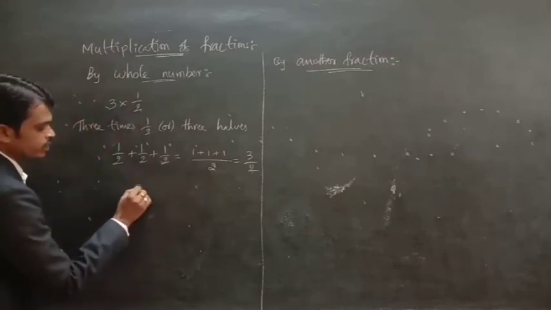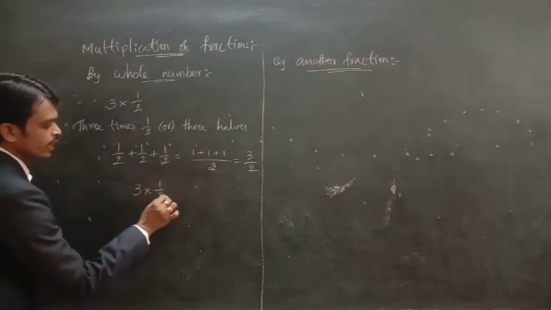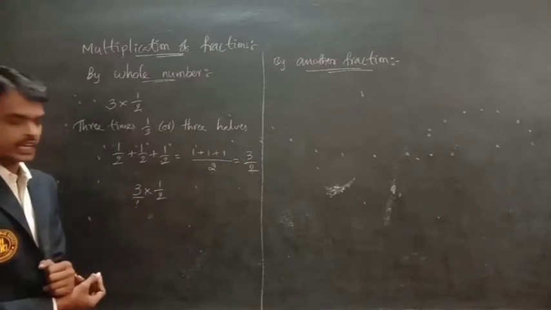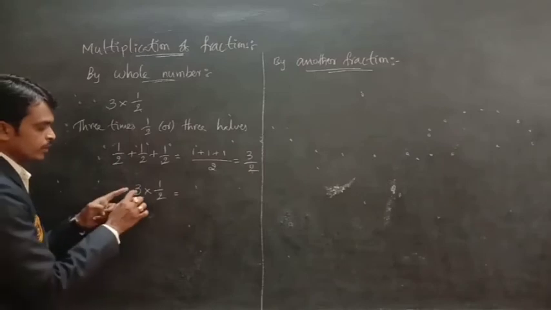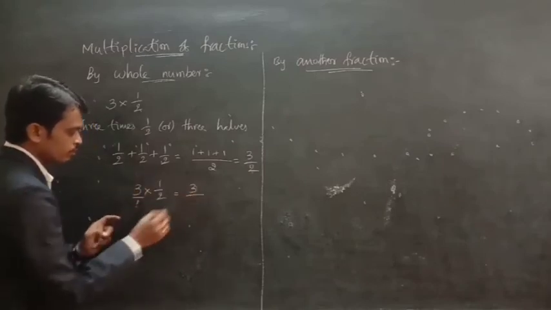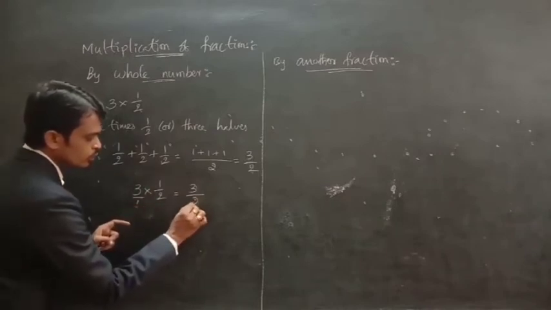Let us multiply like this: 3 into 1 by 2. We can take 3 as 3 by 1. Now let us multiply the numerators: 3 ones are 3, by 1 into 2, 2.